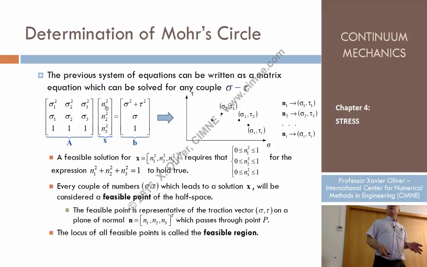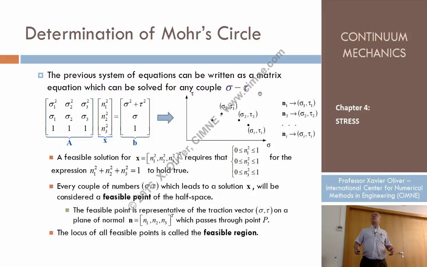No, because any component of n has to be smaller than 1 if the modulus of n is 1. So this point wouldn't fulfill that equation, of course. Okay? So that introduces the fact that not all imaginable points in this half space, the Mohr's circle space, are feasible.